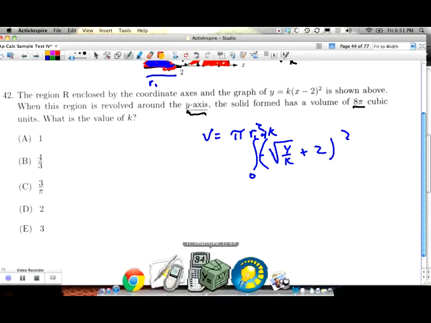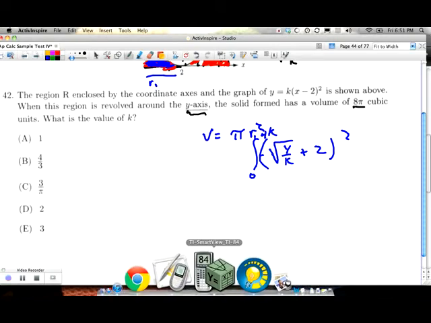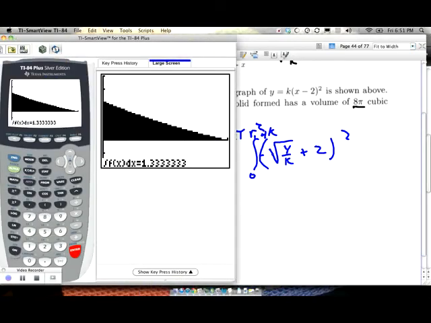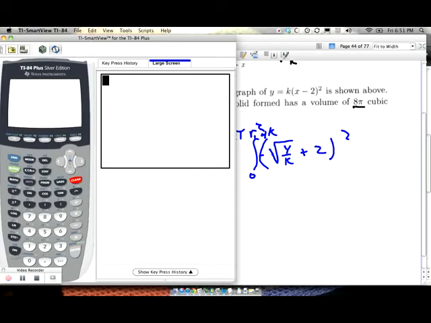Now, honestly, as I'm looking at this, I'm going to try and graph it. This is a tough question. I think they would actually want us to use shell method for this, which you guys don't even know, but that's okay. Shell method would be so much easier than disk method for this, and I think that's what they're going for.